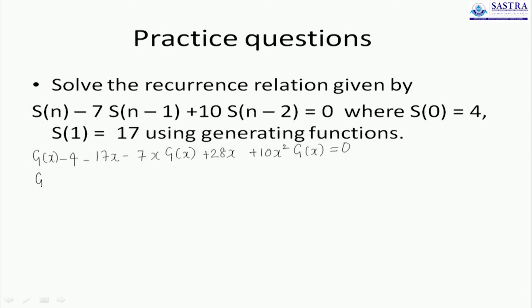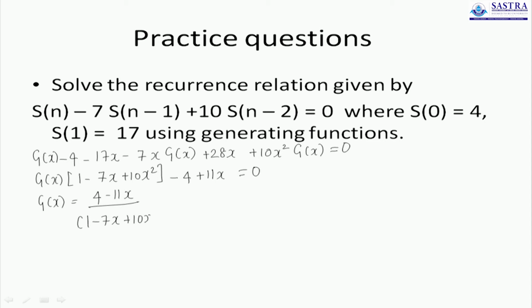So grouping the like terms, we have g of x times 1 minus 7x plus 10x squared minus 4 plus 11x giving us 0, or you can rewrite this as g of x is 4 minus 11x upon 1 minus 7x plus 10x squared.